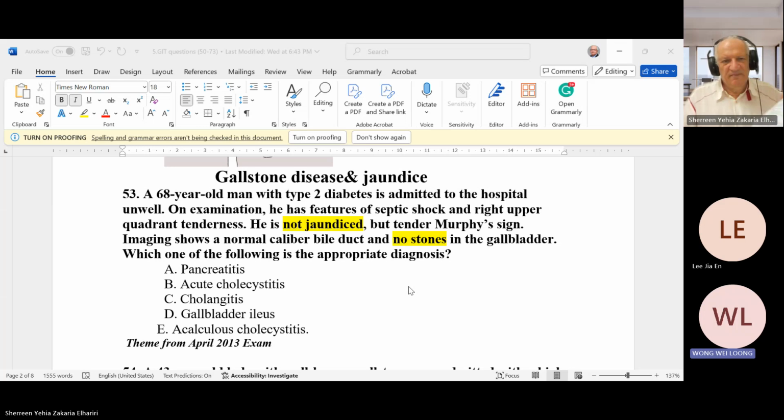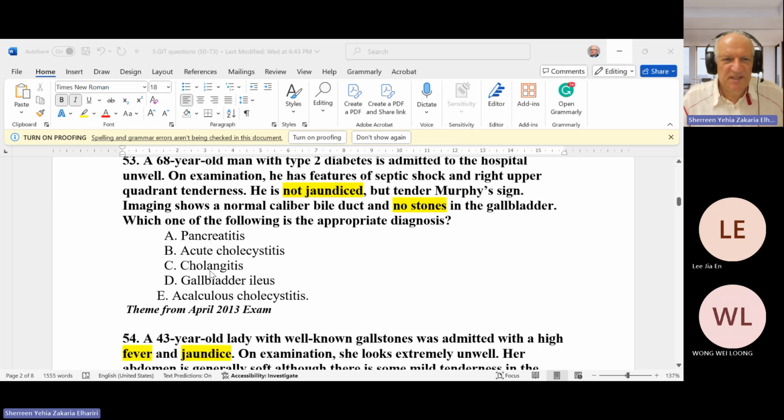Acalculous cholecystitis. Yeah, acalculous cholecystitis is common in immunocompromised patients, usually uncontrolled diabetes, patients in intensive care. So it is not rare, but common usually in advanced cases or longer stays in the ICU or long chronic disease. So it can present as acalculous cholecystitis.